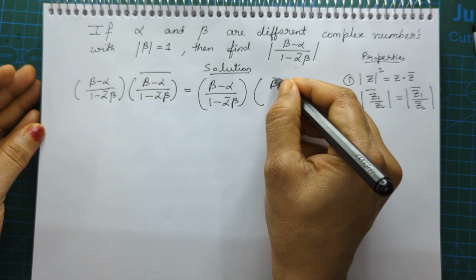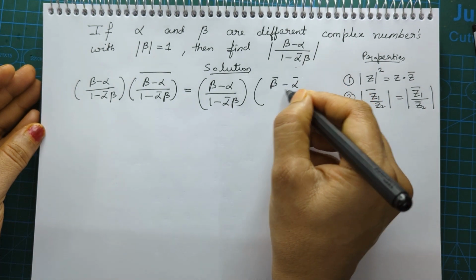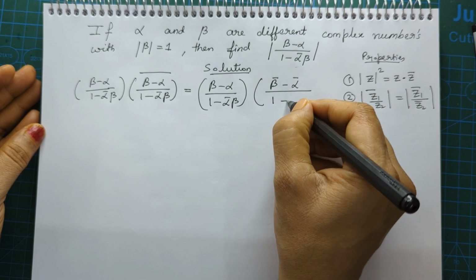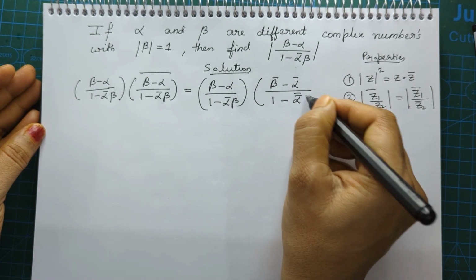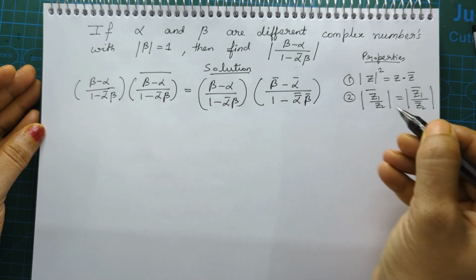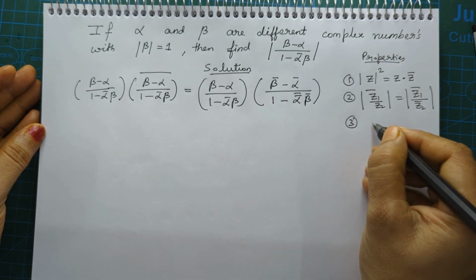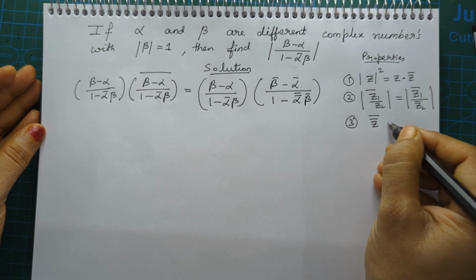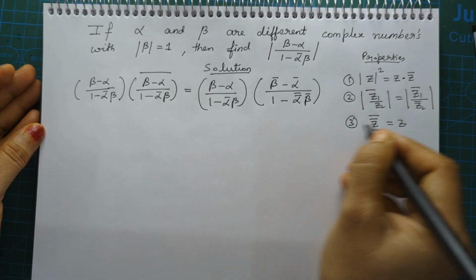So it is beta conjugate, alpha conjugate by 1 conjugate. We can write it as 1 only. Then here alpha conjugate conjugate and beta conjugate. So the next property involved here is the conjugate's conjugate of a complex number is the complex number itself.